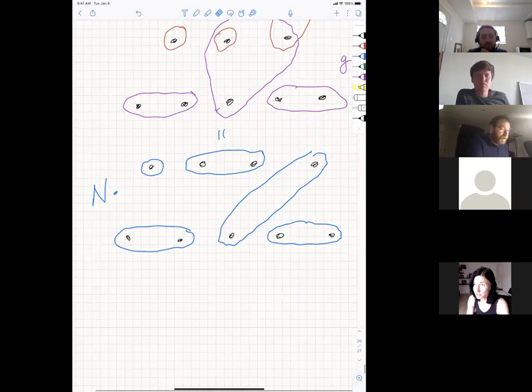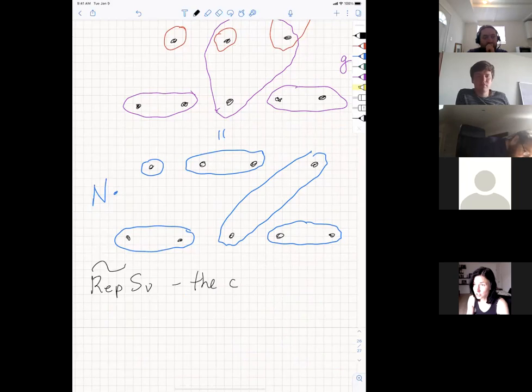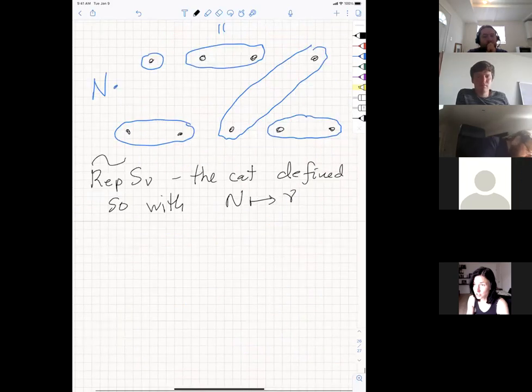Okay, and now I can define this category C tilde, the category defined with n replaced by nu, and then I take Rep S nu, which is the Karoubian completion.